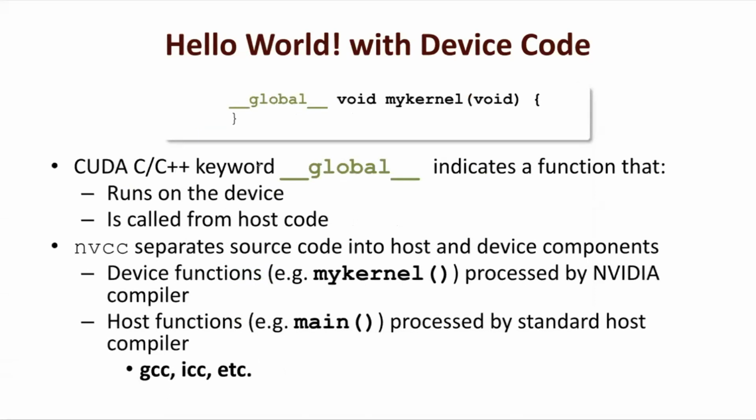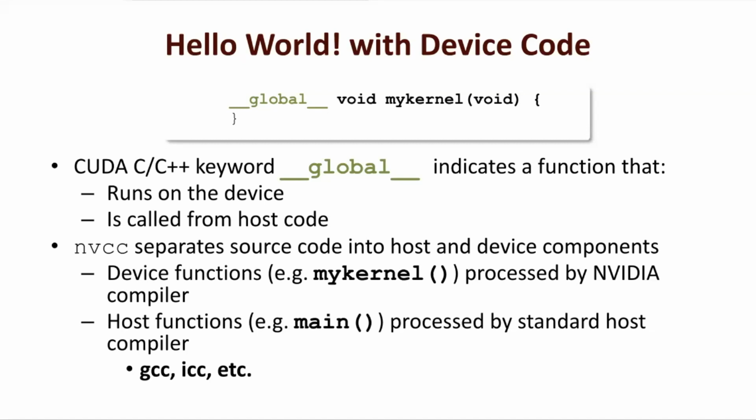So as I mentioned, there are two things. One is this __global__, which means this is a function that runs on the device and is called on the host. See, even for this definition, it has a very clear boundary between the device and the host. So the global function defined in this way is only callable from the host, and it runs on the device.